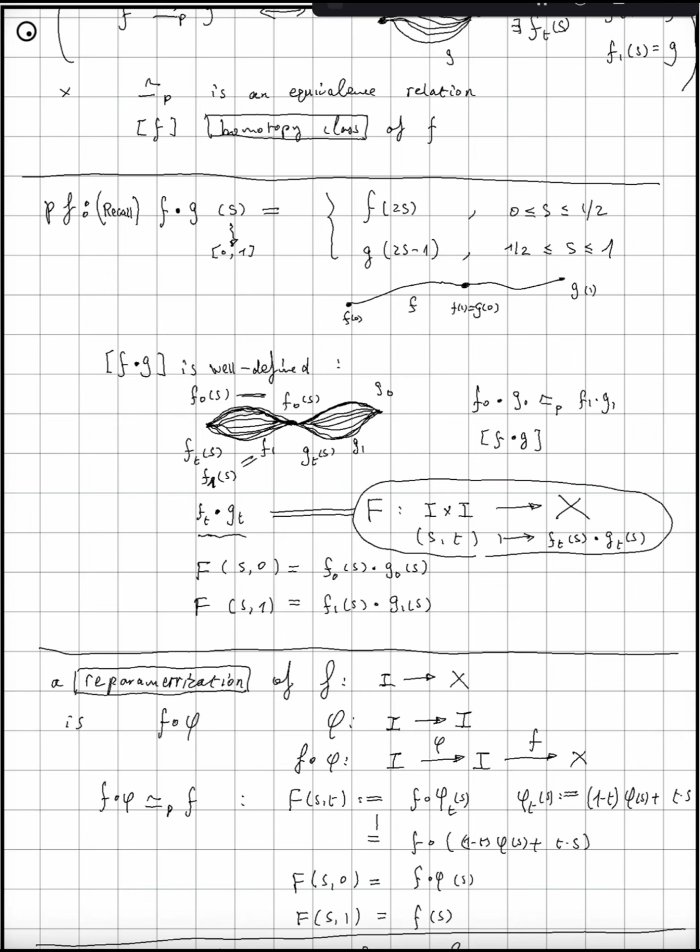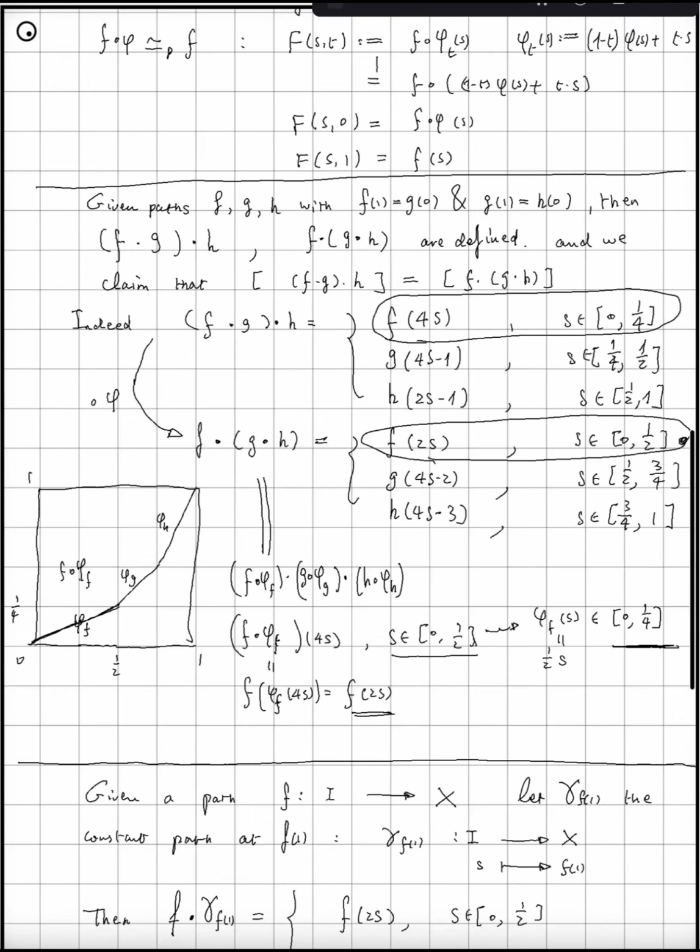Then we want to check the associativity law. Check there exists an identity element, an identity homotopy class with respect to the product of homotopy classes, the multiplication we defined at the beginning of the statement, and then finally check every homotopy class has an inverse. Okay, so let's start with the associativity law. Given paths f, g, and h such that they make a legal concatenation, which means the right endpoint of f is the left endpoint of g, and similarly the right endpoint of g is the left endpoint of h.